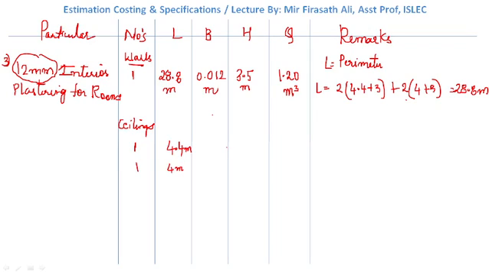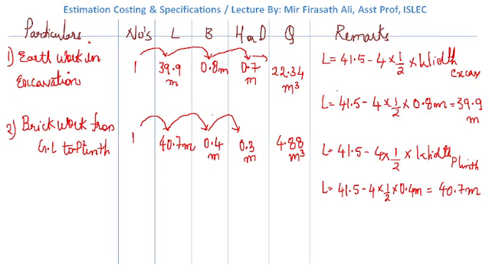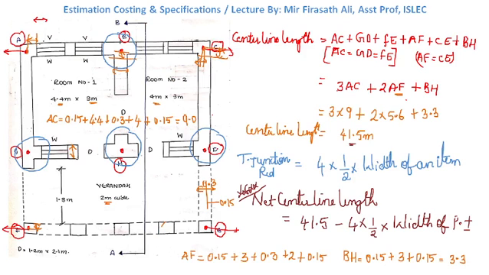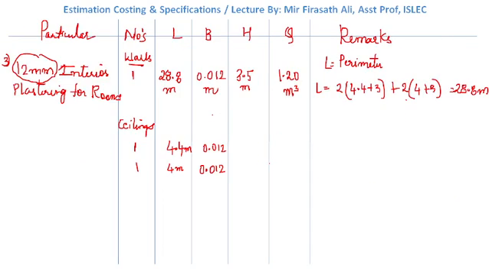Okay, what is the breadth? Again 0.012. What will be the height? For height we will take it as width. We have 4.4 into 3 meters, 4 into 3 meters. So 3 meters, 3 meters.